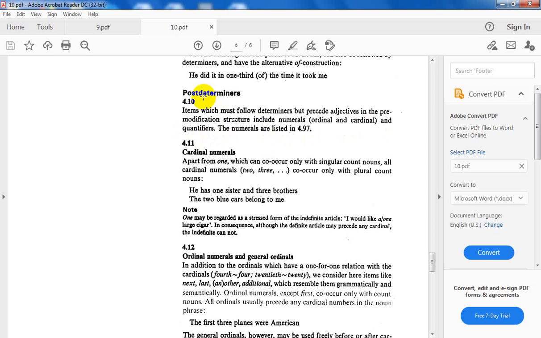What are the classes of post determiner? They are numerals, of two kinds, ordinal and cardinal, and quantifiers. We will take open and close quantifiers later.